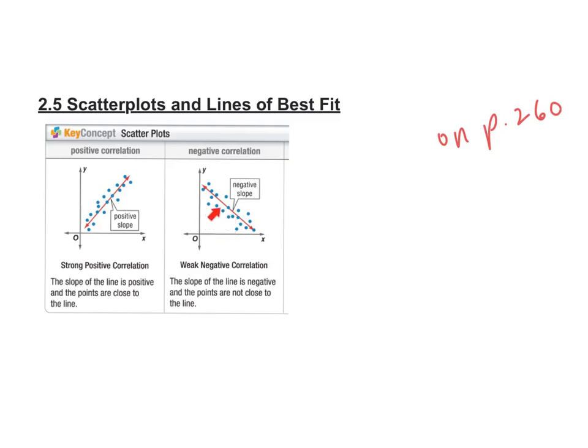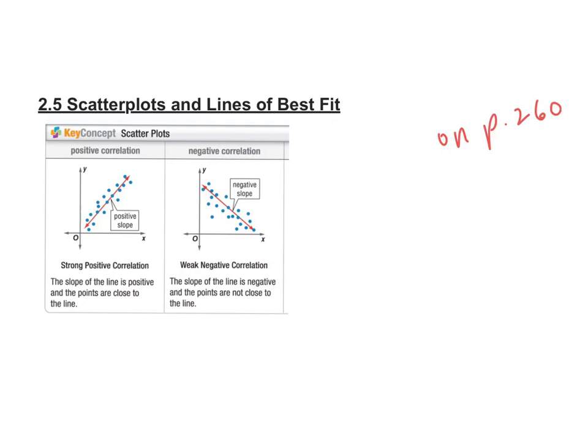They're not bunched as tightly as they are over here. So we describe the correlation as weak, and because they move from left to right in a downward fashion, we describe it as negative. Okay. You can have a weak positive, you can have a strong negative. All right? It just depends on how closely the points are bunched together.